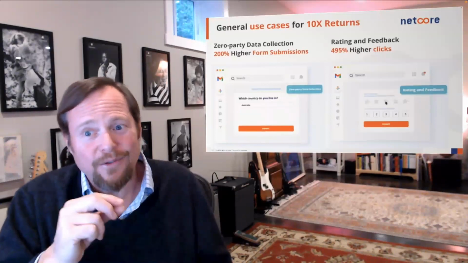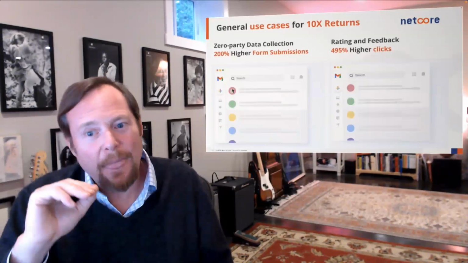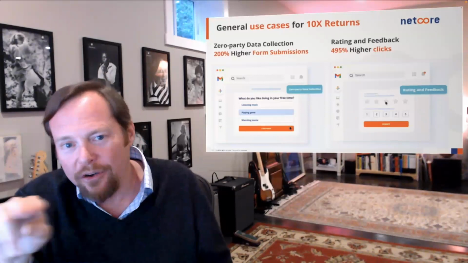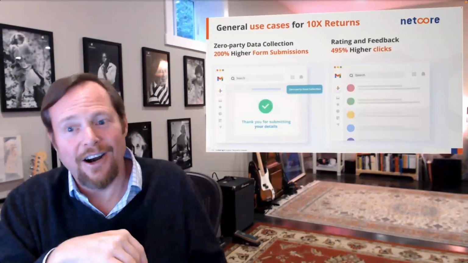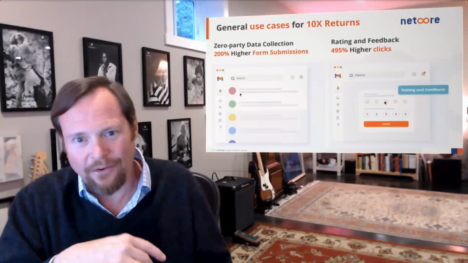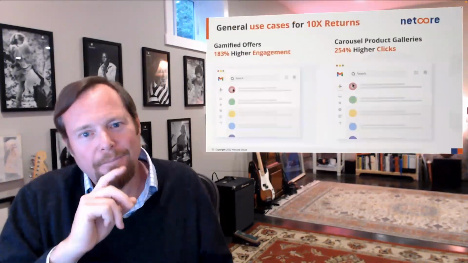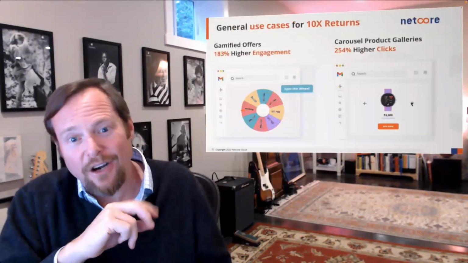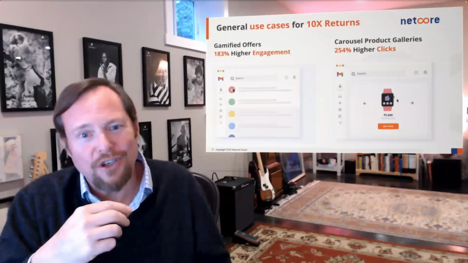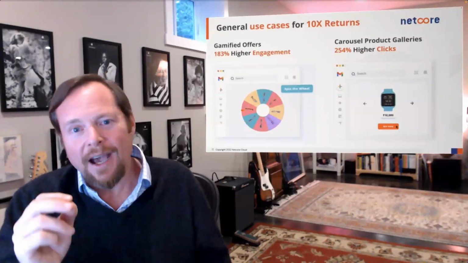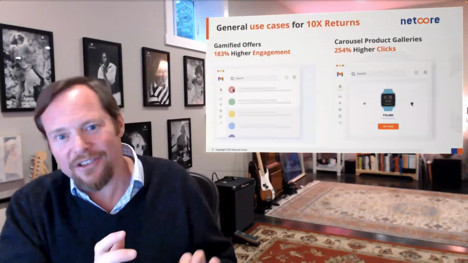Ratings and reviews, significant lift in responses when you can do it in the message itself, as opposed to going through to a landing page and executing there. A great use case, simple, super effective. Gamified offers, 183% higher engagement when we're gamifying offers. Gamification works. Many of us marketers know this, by exposing users to the games in the message themselves.